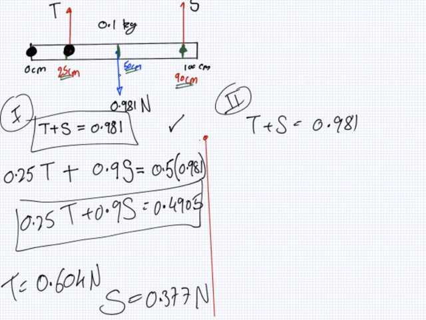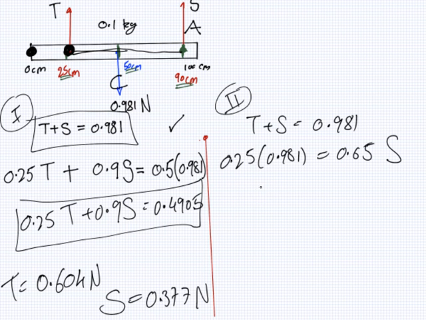This one is clockwise, and this one anti-clockwise. So I can say 0.25 times 0.981 should equal this one, which is 0.65 S. Now you realise, that's really nice, because I can just say S equals this.